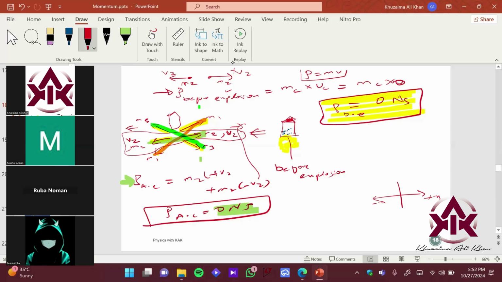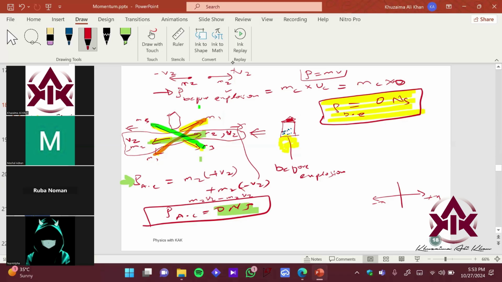Plus this part of the explosion, that is m2 times the velocity, which is negative because it is going in the left direction, times negative v2, right? So if you add them up, this is m2 v2 minus m2 v2. So what is m2 v2 minus m2 v2, Mashal? It's going to be zero.